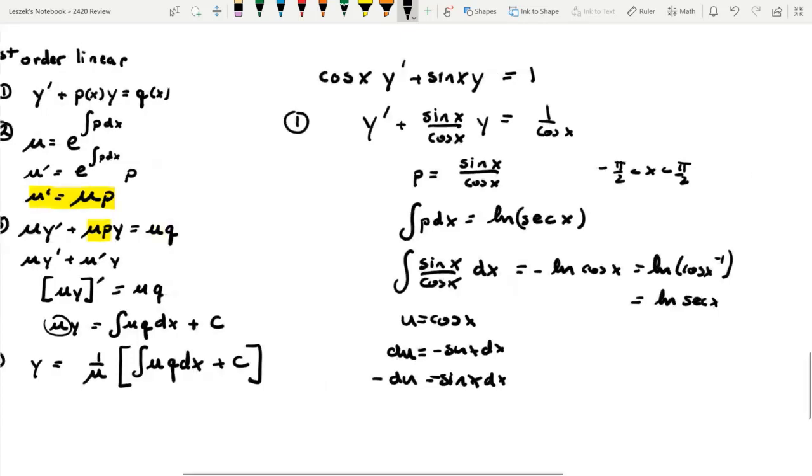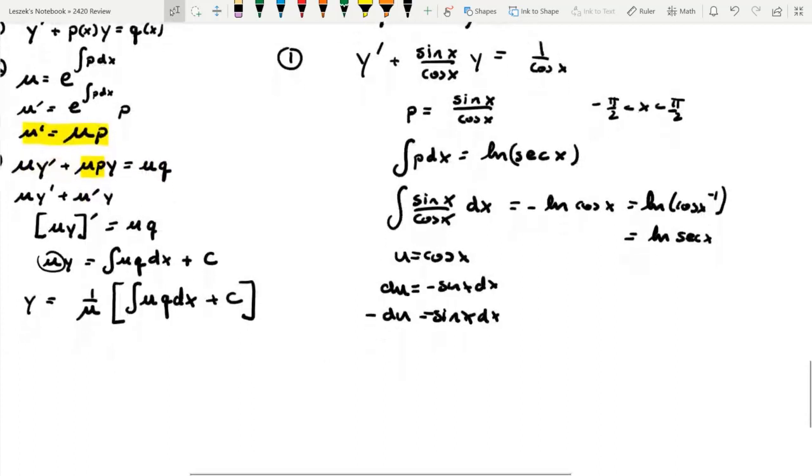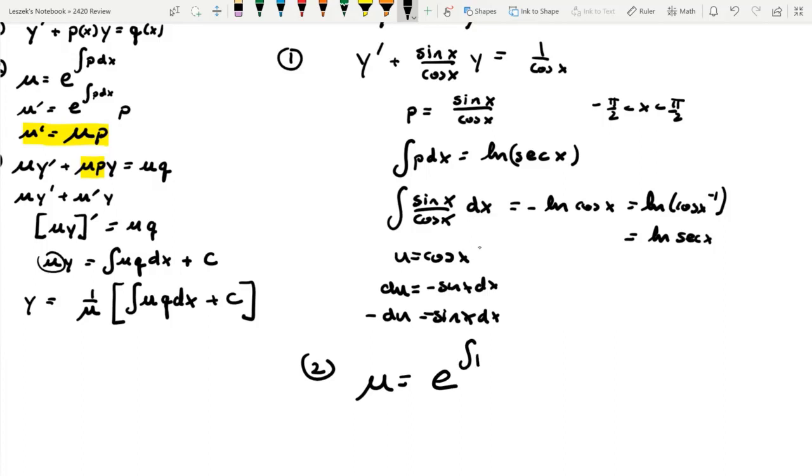Anyway, all right, so then our integrating factor, that's step 2, would be e to the antiderivative of p. So that's e to the log of secant. That is to say it's just secant.